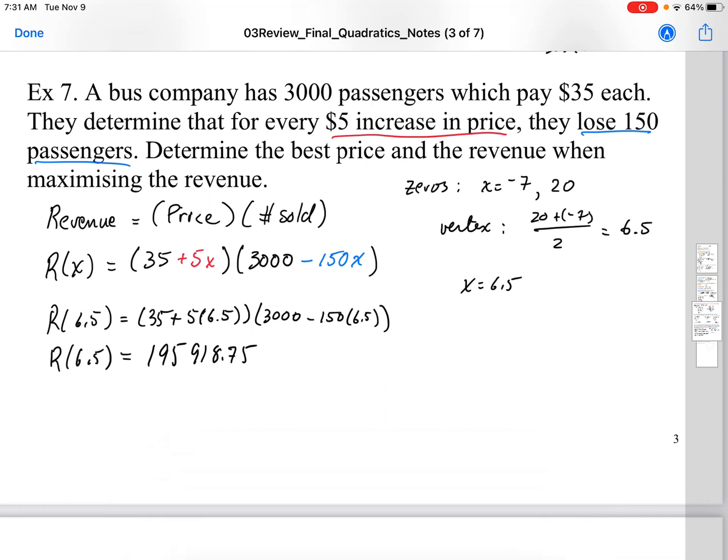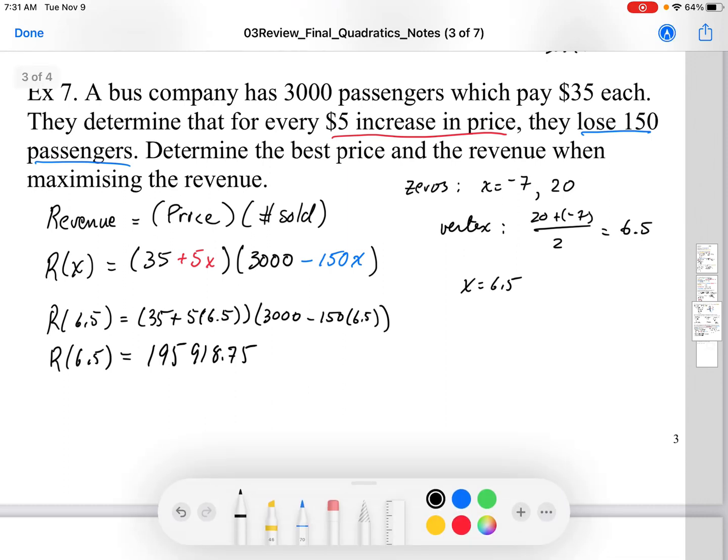Okay, now what the question actually is asking, so I haven't really answered the question. I didn't really need to do that. The question really is asking us to determine the best price. So I need price. So really to answer the question, I didn't need to calculate the maximum revenue. I just need to know the price. And for the price, I just plug into that price equation. I get 35 plus 5 times 6.5.